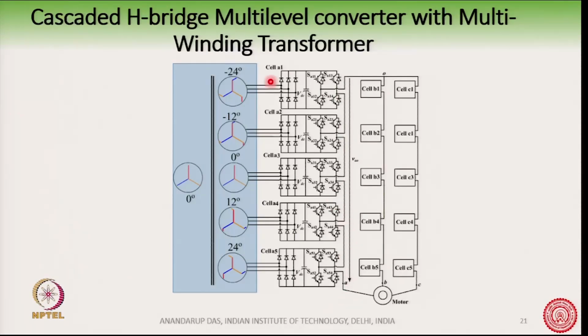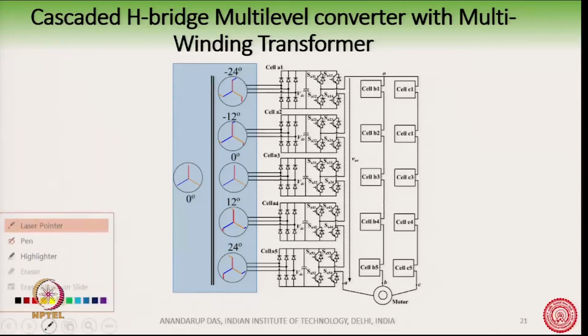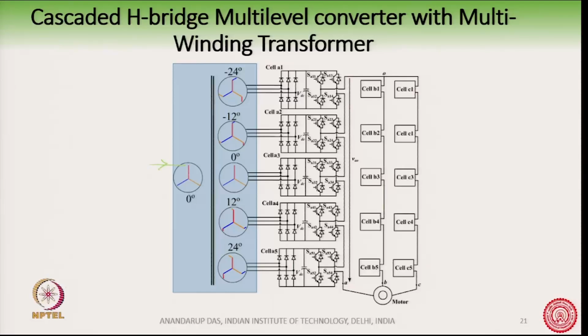Now, what happens at the input side? At the input side, we can use a multipulse transformer. If we use such a multipulse transformer, then the current drawn from the input side, that is this current here, will be a highly sinusoidal waveform.